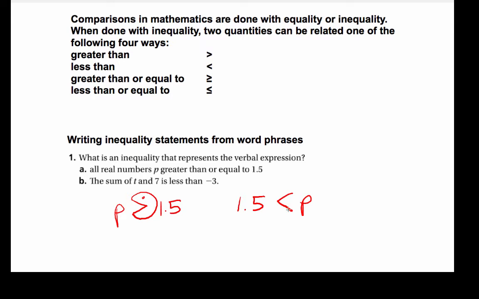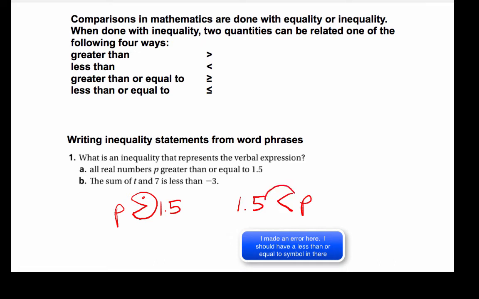As long as my inequality symbol is going the other direction, I still have a true statement. 1.5 is less than p is the same as saying p is greater than 1.5. Okay, and if I use my Pac-Man reference or my gator mouth reference, Pac-Man is still eating p, which is the bigger value.